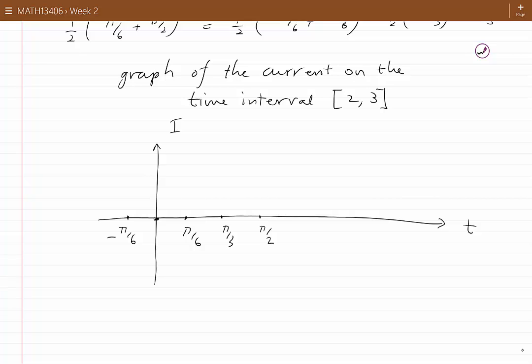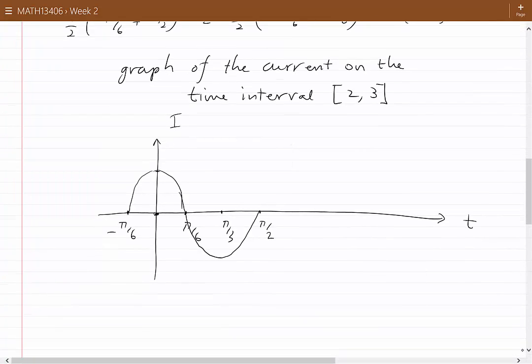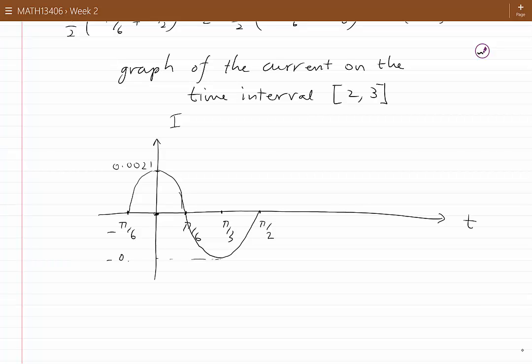Now I can continue this graph, and the graph was in this form, where the amplitude was 0.0021. Therefore down here you would have minus 0.0021, and the current is in amps, time in seconds.